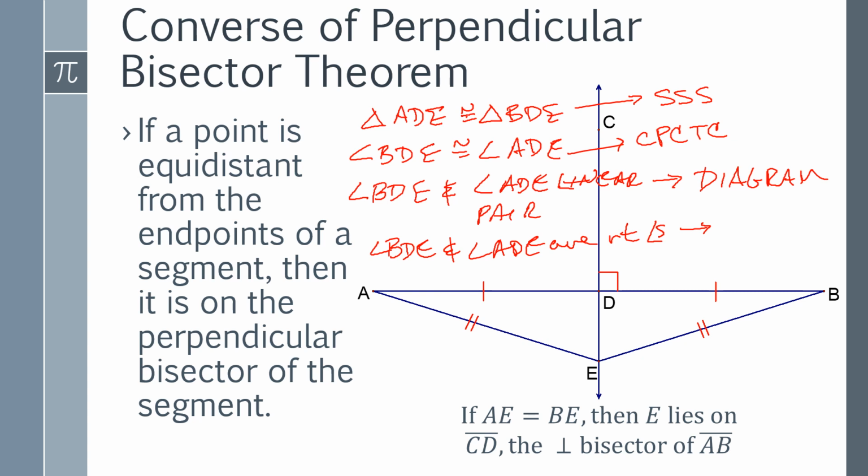And the last thing we would say is that segment AB is the perpendicular bisector of segment CE. So we've gone through the theorem, the converse, and proved both. So use them. That's what we're going to look to do on the worksheet that you'll be given.